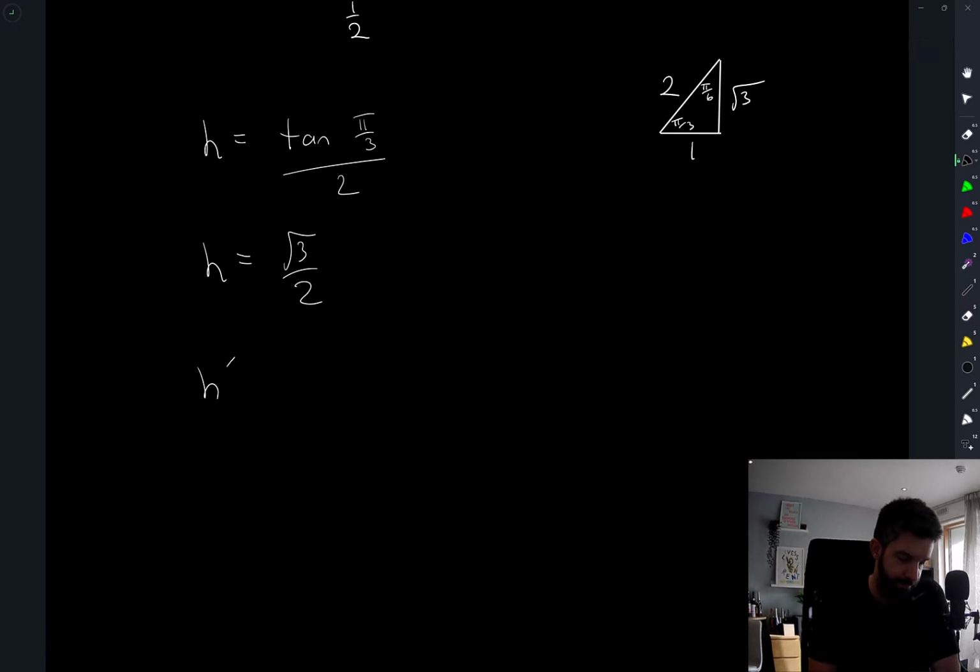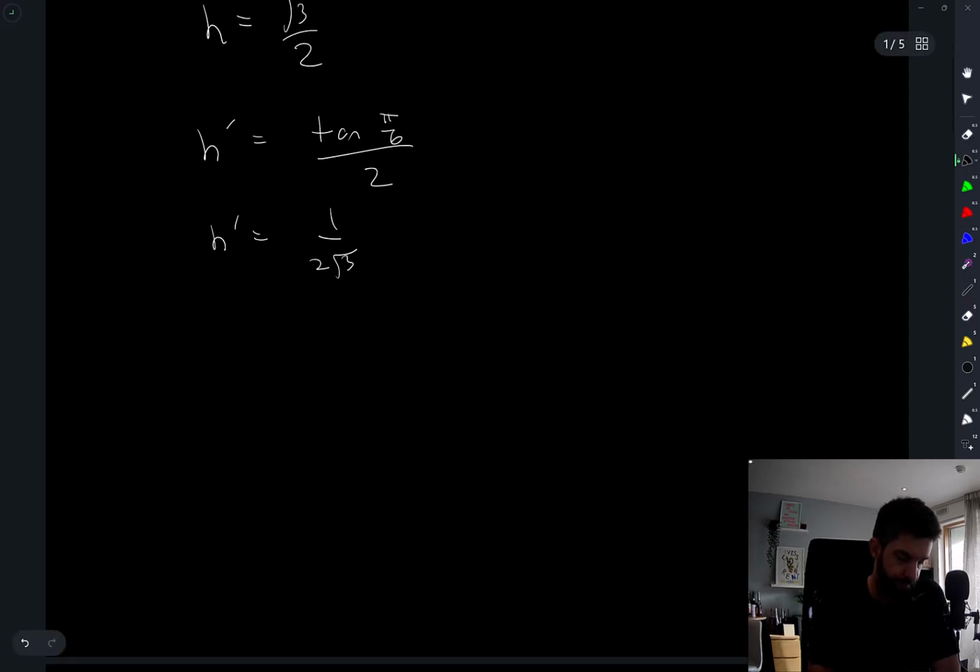H prime is equal to tan pi over 6 over 2. So that's 1 over 2 root 3. So y is 1 minus 1 over 2 root 3.